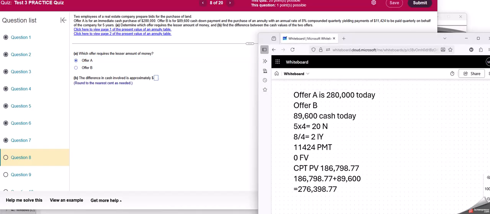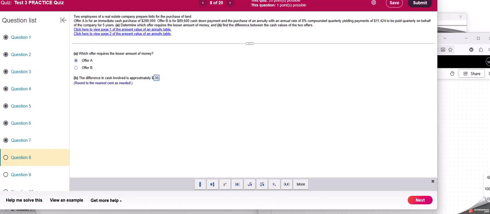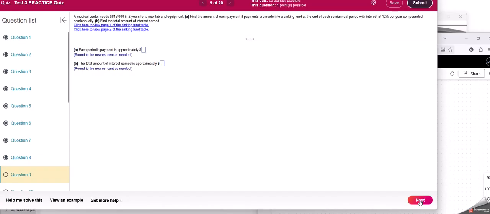If we compare them, subtract that from 280,000, it is better by $3,601.23. So don't get confused with the cash down. Those you don't have to do anything in your time value of money keys. You just have to remember to add them back to the present value.